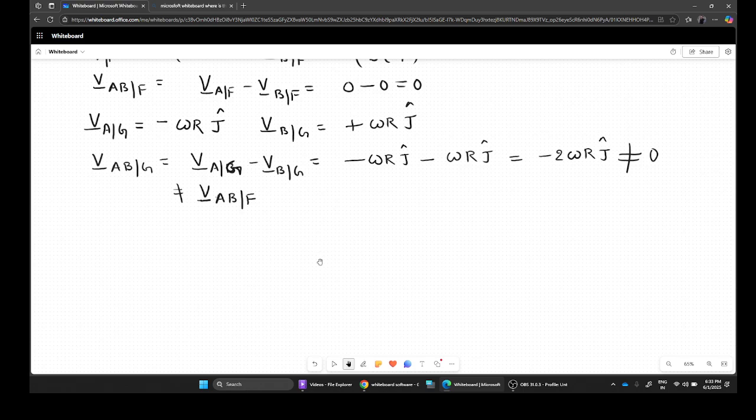Having now defined velocity of a point with respect to a frame, and acceleration of a point with respect to a frame, we now want to move to a new topic, which is coordinate systems.